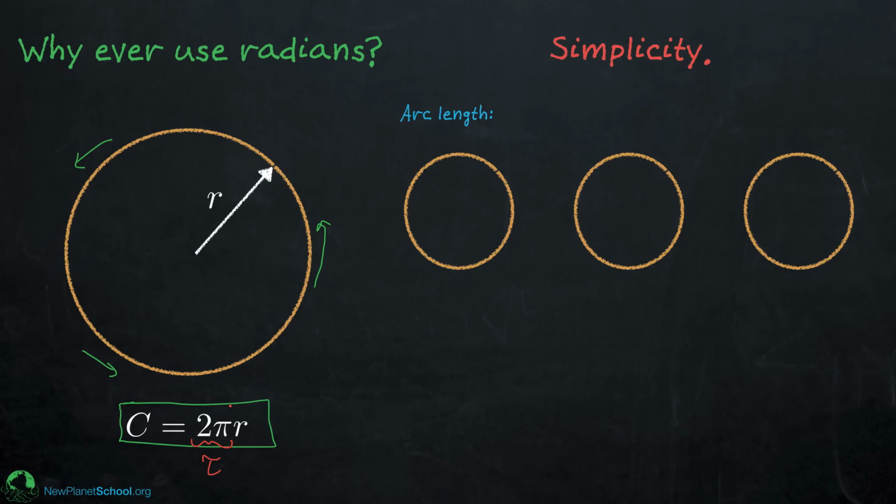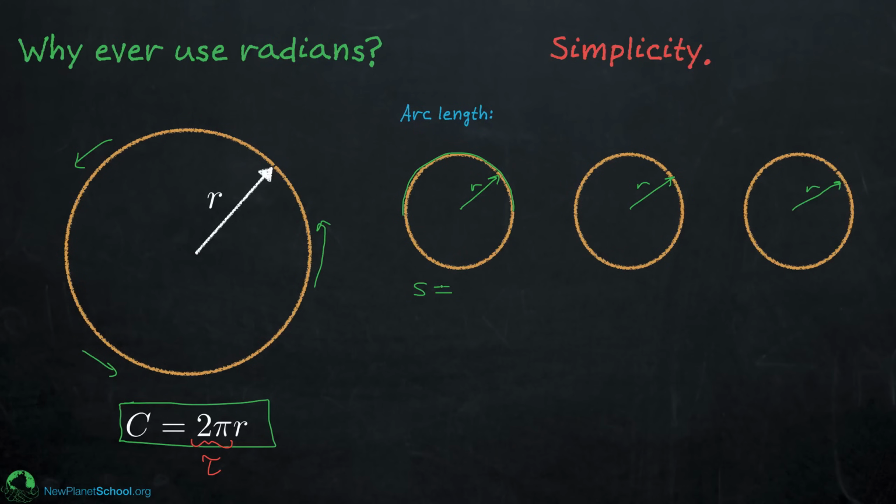Now let's look at arc length. Imagine that we want to measure the arc length of these 3 circles, different parts of it. And each of them will have a radius r. And we want to know how to specify some length. Like let's just take the arc length as I go halfway around. What is the arc length?